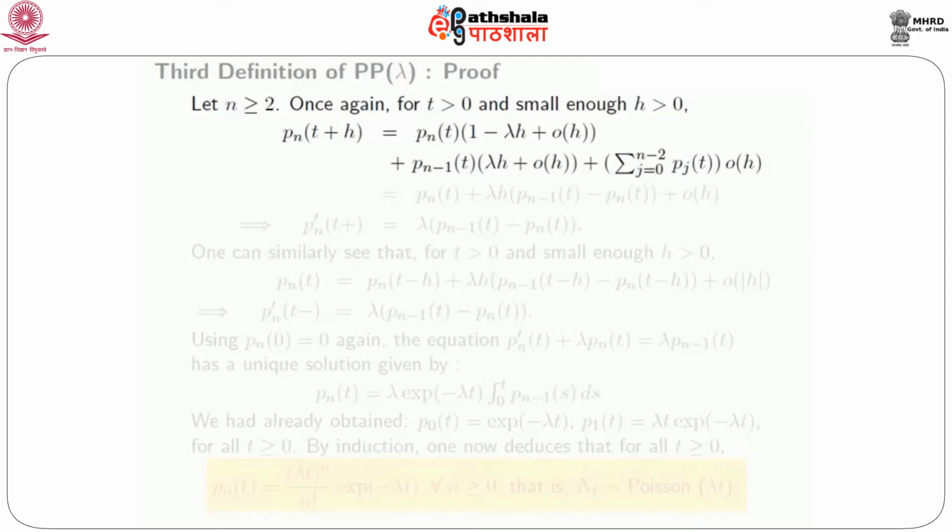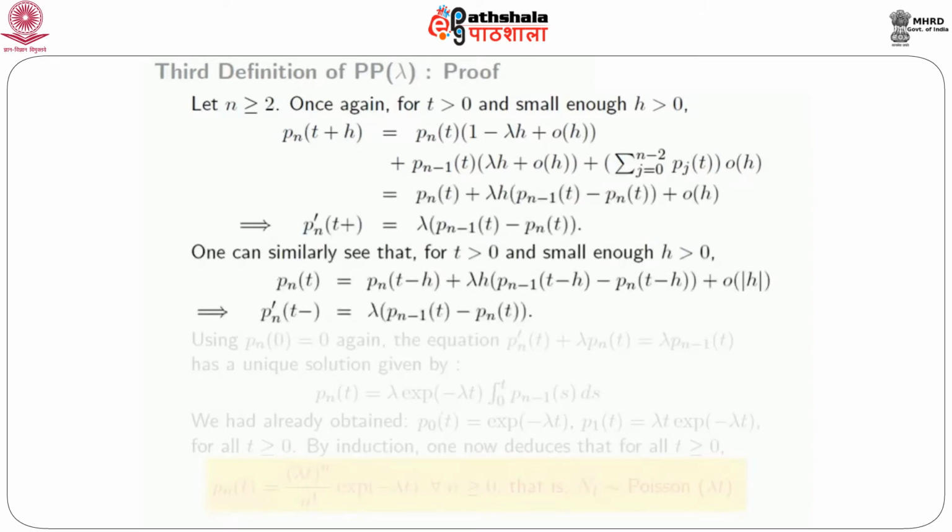Similarly, for any t positive and small enough h positive, Pn(t) is Pn(t-h), by the same argument, plus lambda h times (Pn-1(t-h) minus Pn(t-h)) plus little o(h). So this implies that the left derivative turns out to be the same as the right derivative.